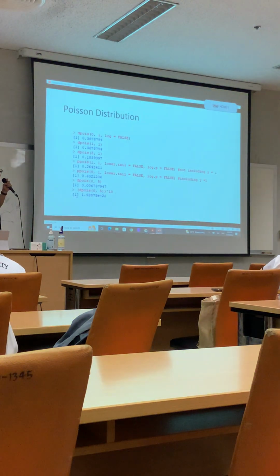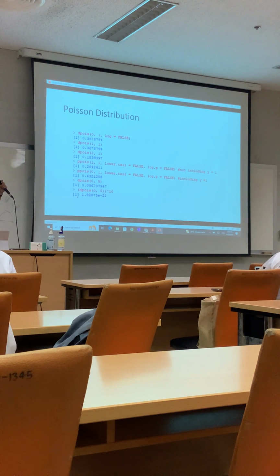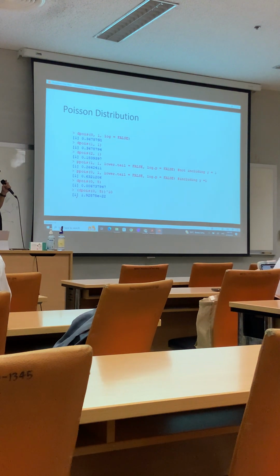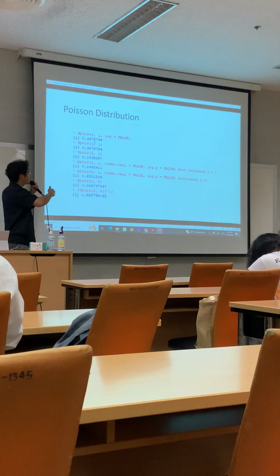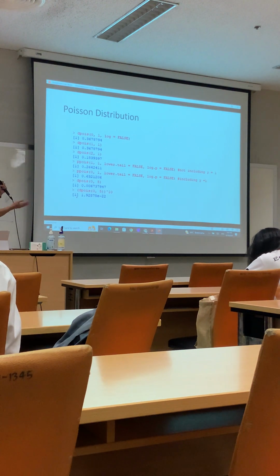That is the code for the first question. We want the probability of y equal to 0 when lambda is 1. You can see that I put 0 as the first argument and 1 as the second argument, because of the lambda, and I still put log equal to false, and you get this. We have more decimal points, but it's the same answer that we calculated using math.